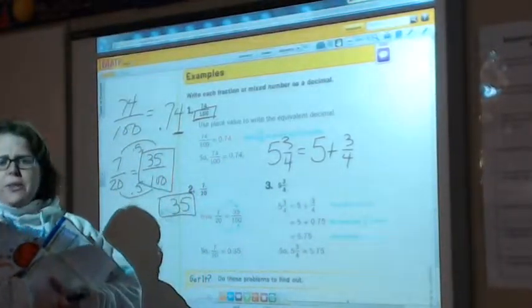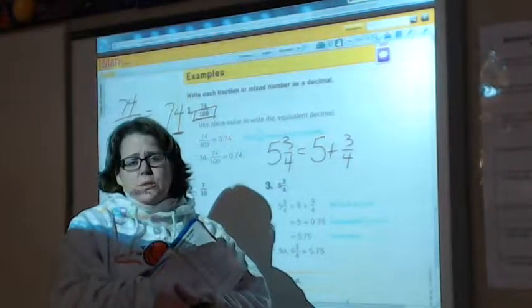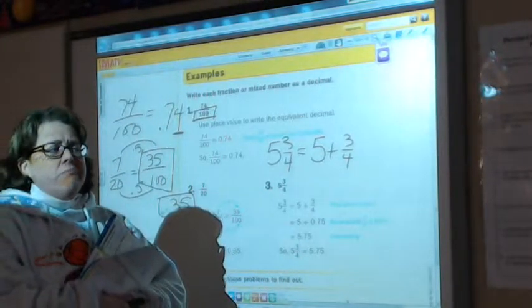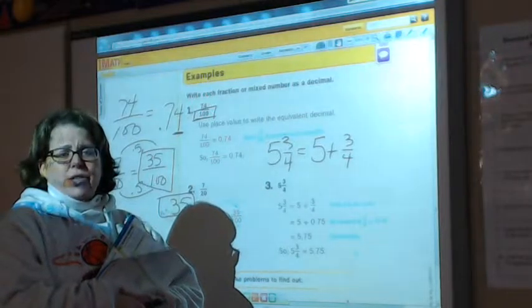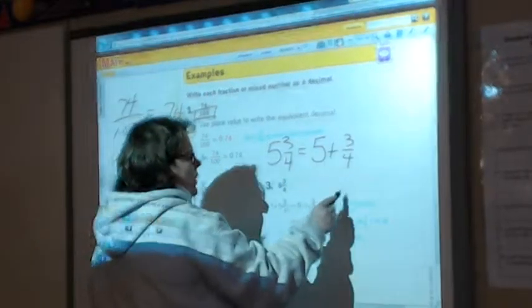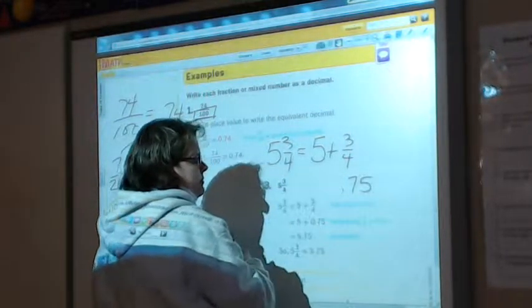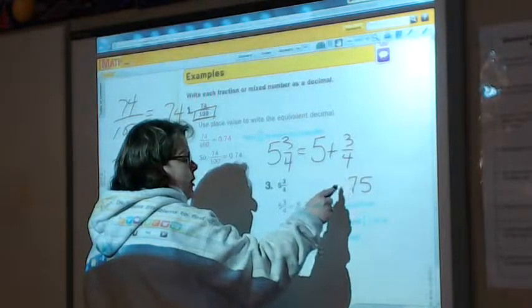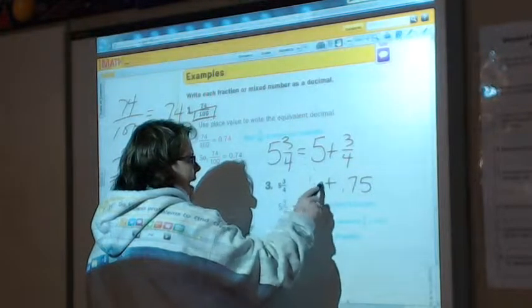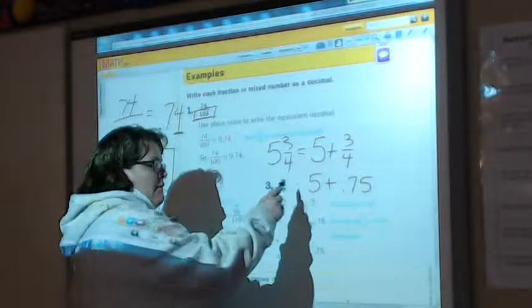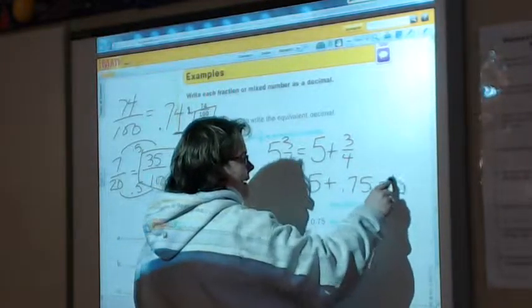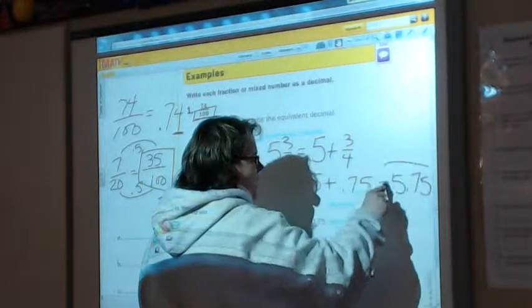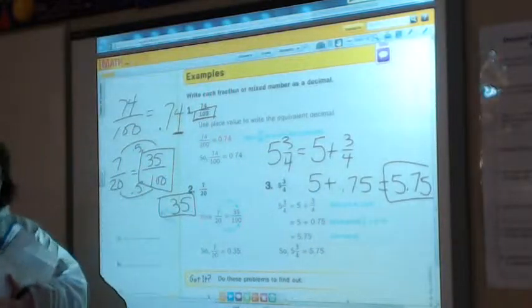Now 3/4 is one of those common fractions that we talked about. 3/4 we know is 0.75. So that means that 0.75 plus 5 is going to be our decimal. 5 plus 0.75 is 5.75. So that would be our answer. Okay?